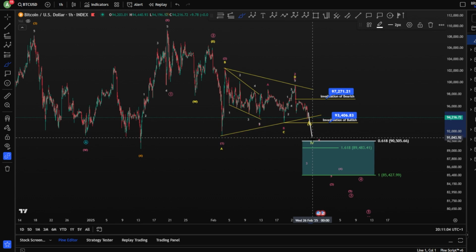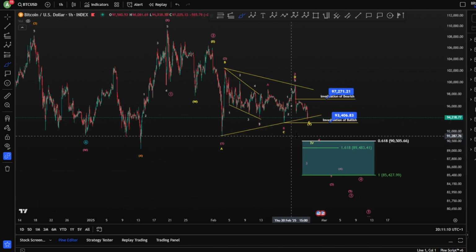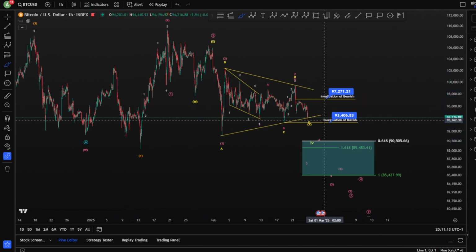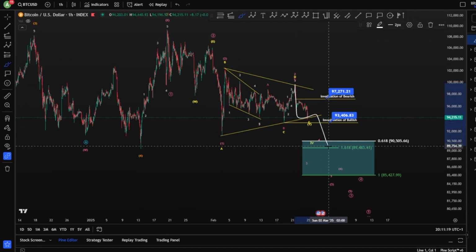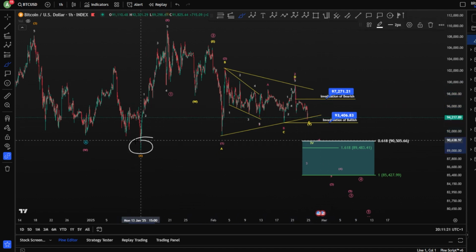In case we hit this as a wave 4 for your impulse toward the upside, then a wave 5 after it. It can be, but the thing is that you don't take the low from here.